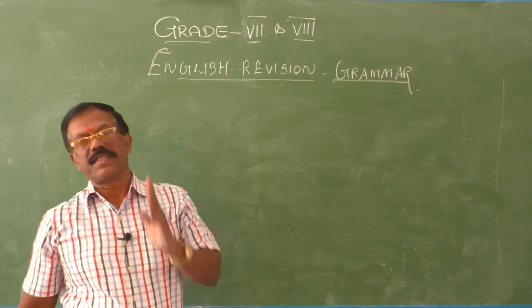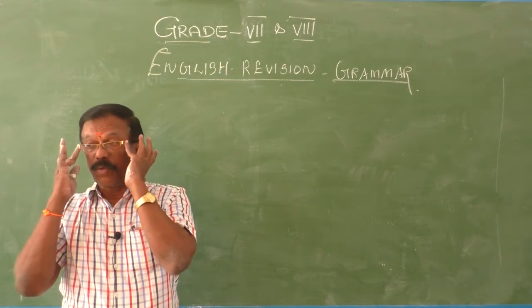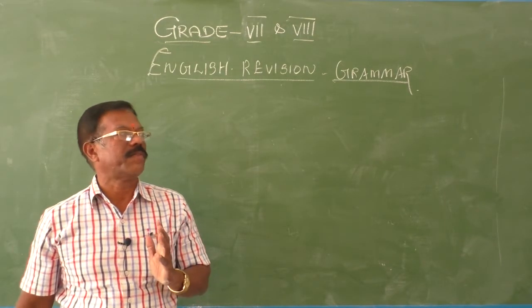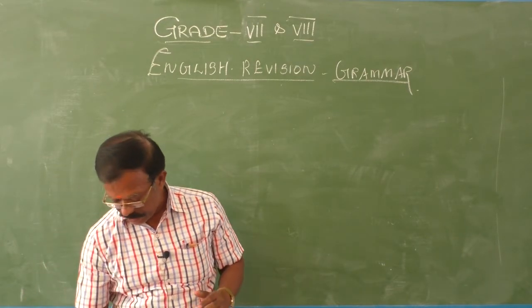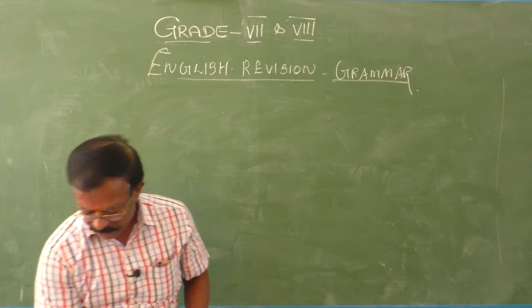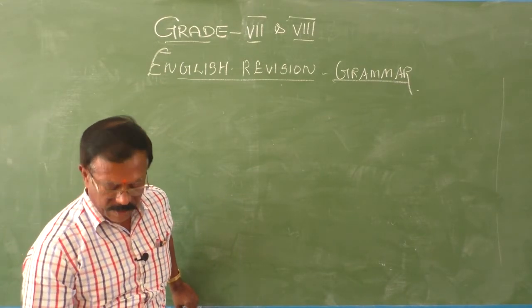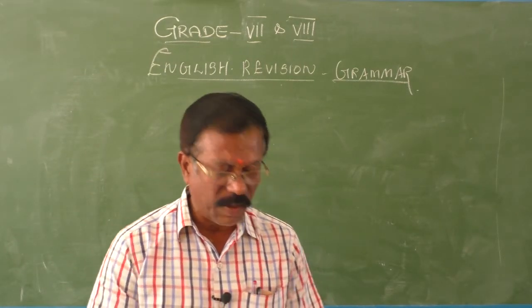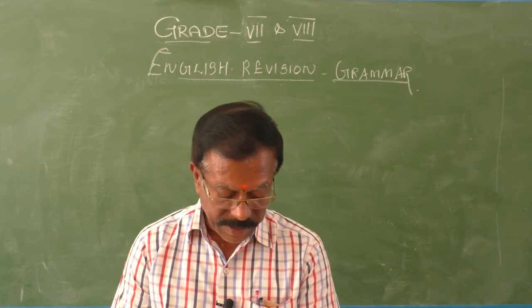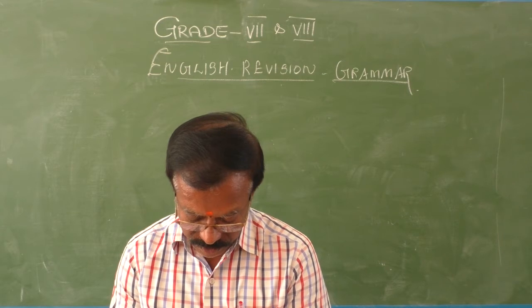If the subject is singular, the verb should also be singular. If the subject is plural, then you have to use the plural form of the verb. There should not be any deviation from it. You have to follow these rules and procedures very strictly. Now, I will explain what principles exist behind that. Very important, children, just make a note of it.